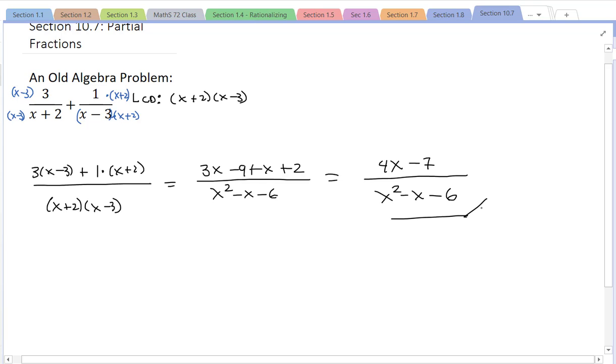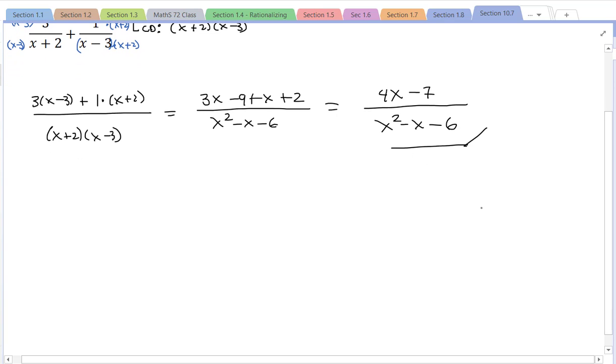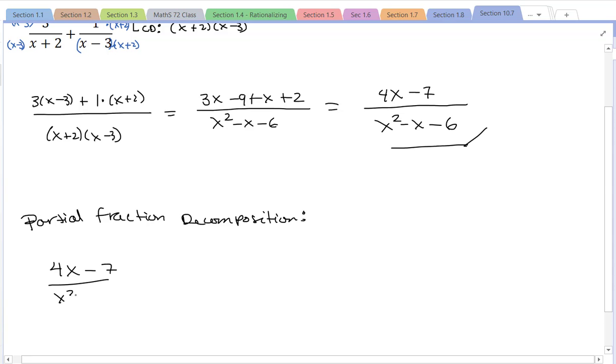So what partial fractions, the partial fraction decomposition, attempts to do is give you a problem like the one we just did, and it will say 4x minus 7 over x squared minus x minus 6 equals what fractions?